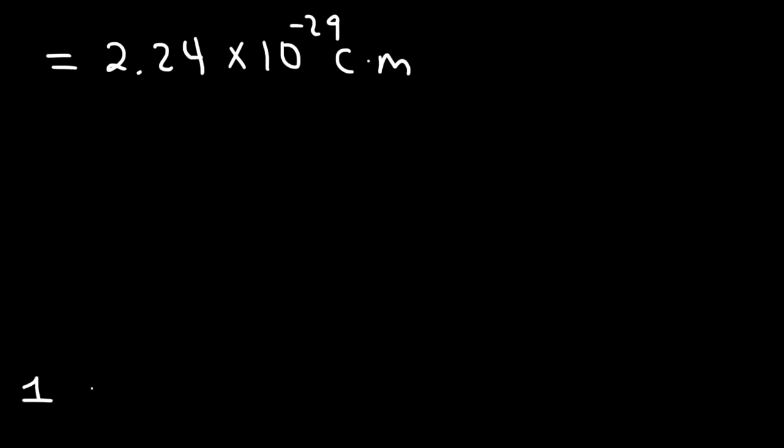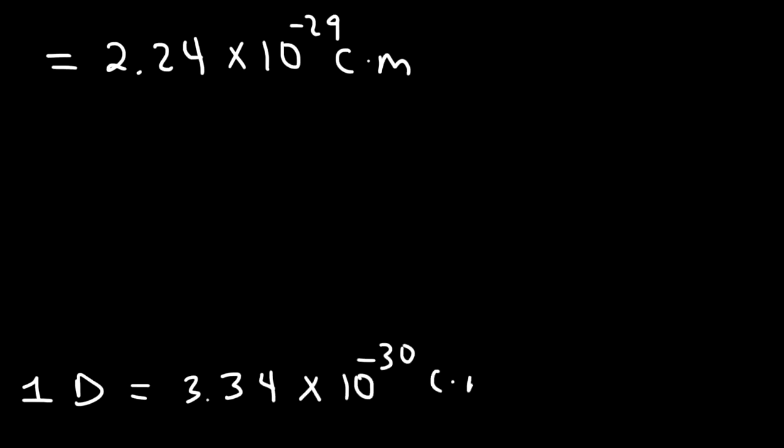And so you should get 2.24 times 10 to the negative 29 coulomb meters. Now we need to convert that to debye. It's important to know that 1 debye, spelled D-E-B-Y-E, is equal to 3.34 times 10 to the negative 30 coulomb meters. So we need to convert coulomb meters into units of debye.